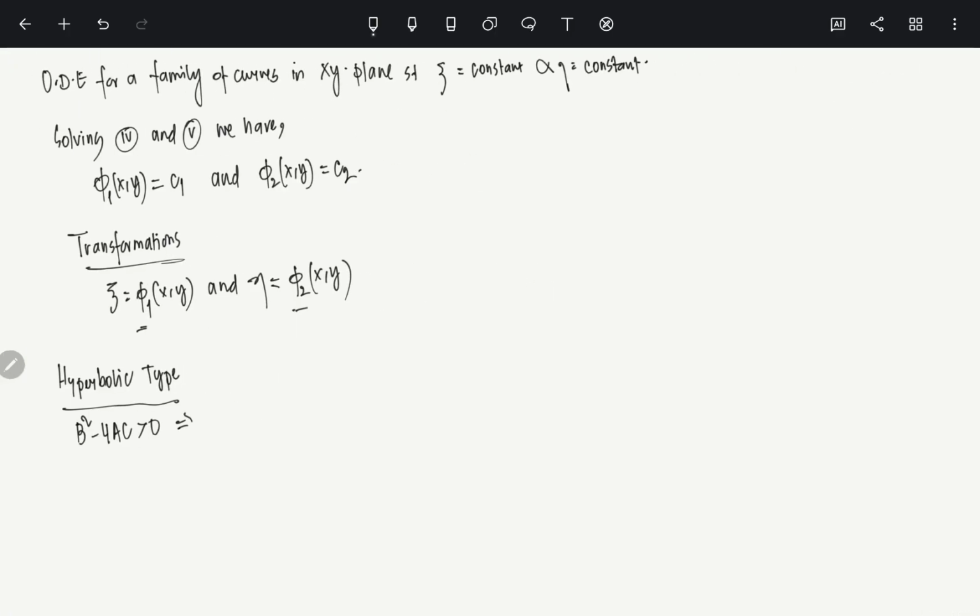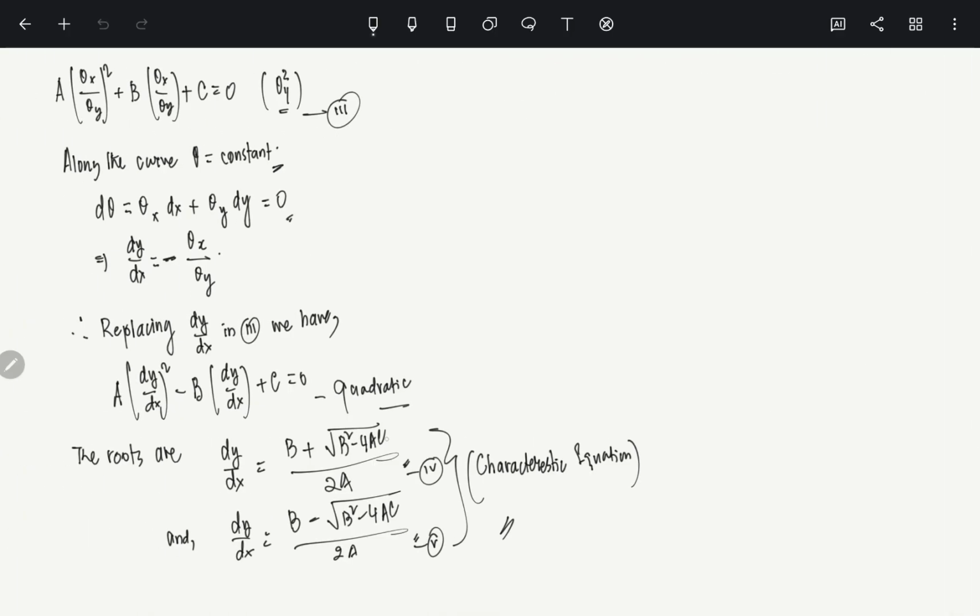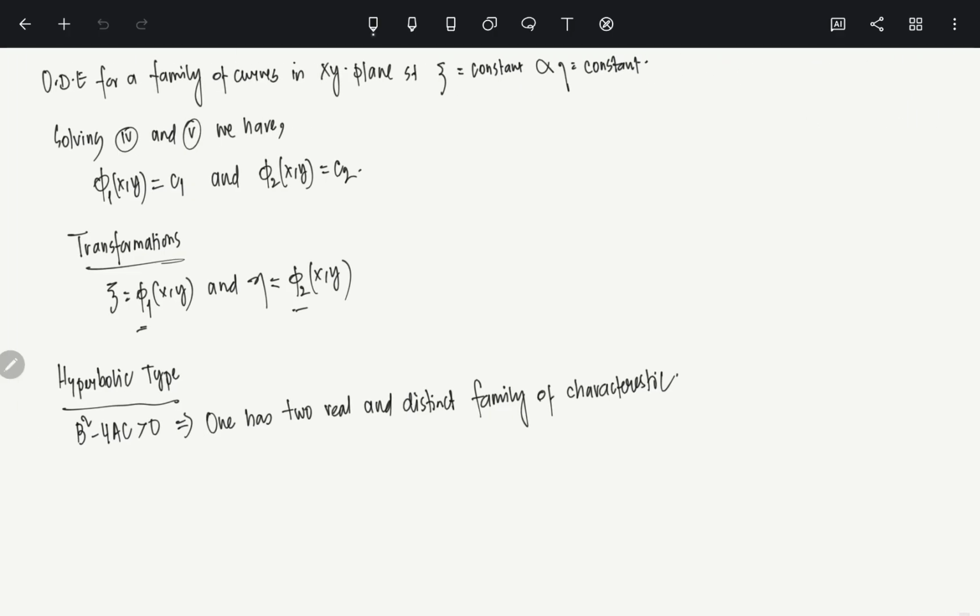The family of characteristics means the curves we get by solving the characteristic equation. Since b square minus 4ac is positive, one family comes from b plus, another from b minus, so two distinct and real.